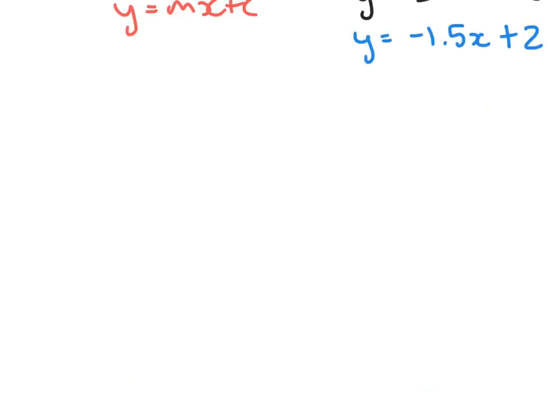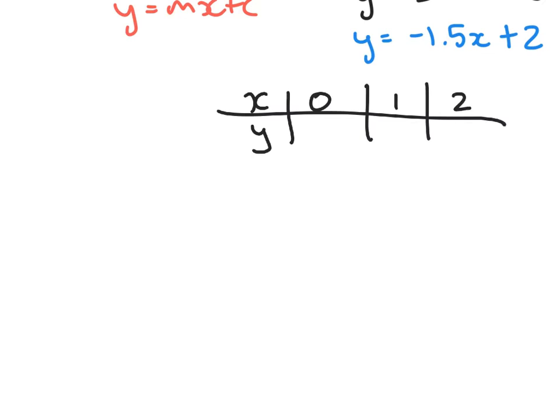To sketch this equation, I draw a table of values, x, y, the usual 3 points for x. Y is equal to negative 1.5 times x plus 2. If x is 0, y is equal to negative 1.5 times 0 plus 2.